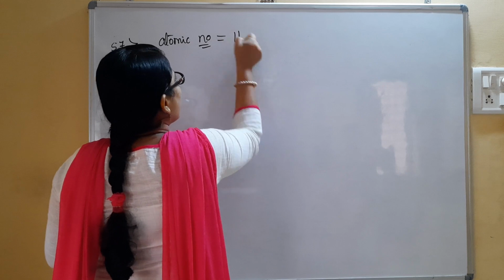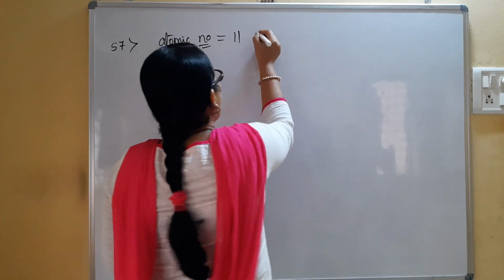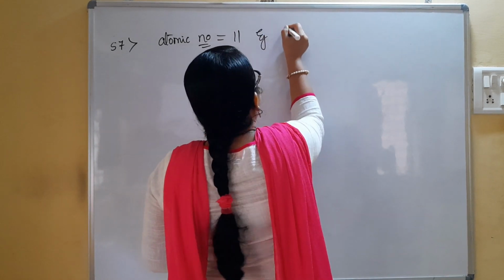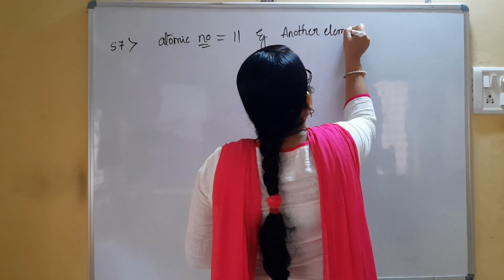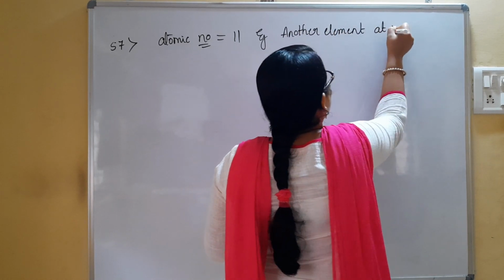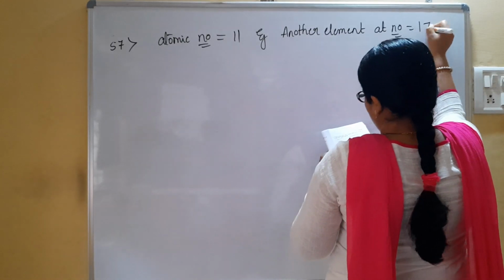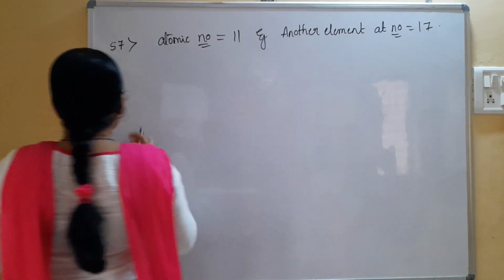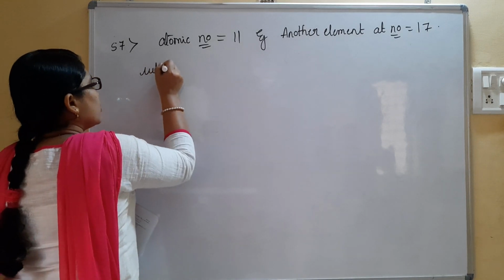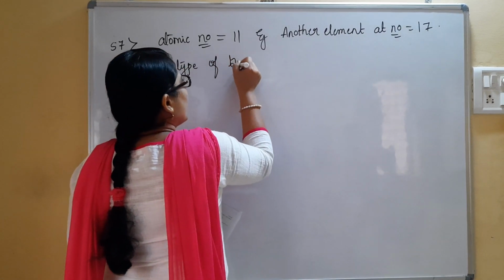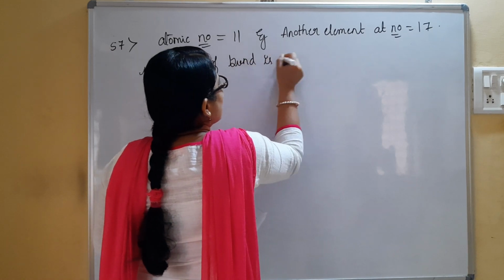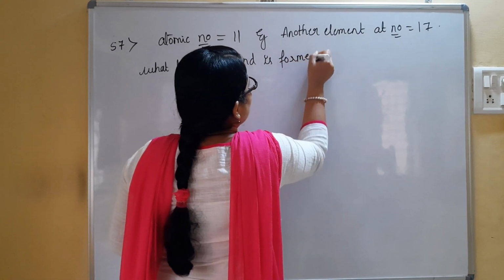of an element is 11. Okay, and another element has atomic number 17. What type of bond is formed? This is the question.